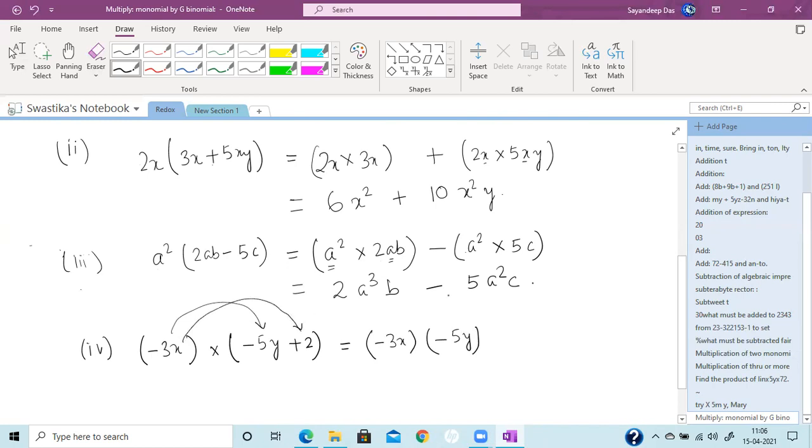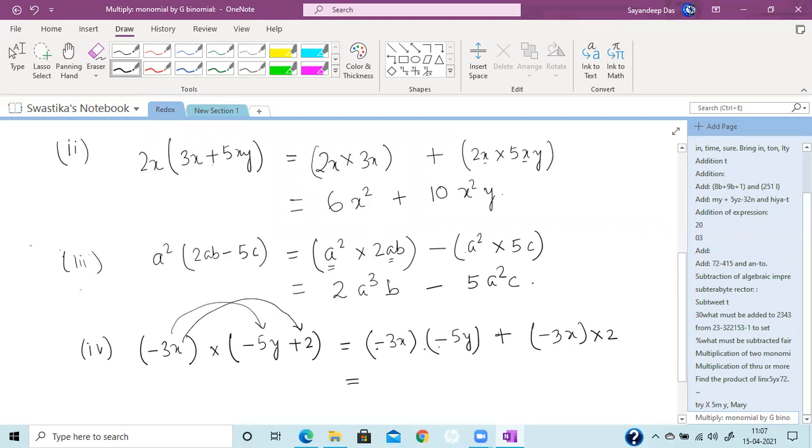What is the second term? If I write plus, now minus 3x into 2. So you see here, this is minus 3 and minus 5, you will have to multiply.